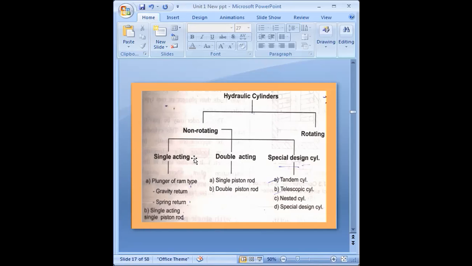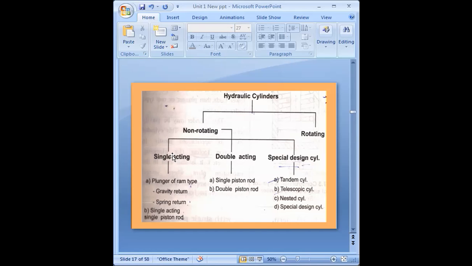We have to concentrate on the linear motion, that is the non-rotating. This non-rotating hydraulic cylinder category again has three subtypes. The first is the single acting hydraulic cylinder, then the double acting hydraulic cylinder, and some special designs. Special design hydraulic cylinders are also available.